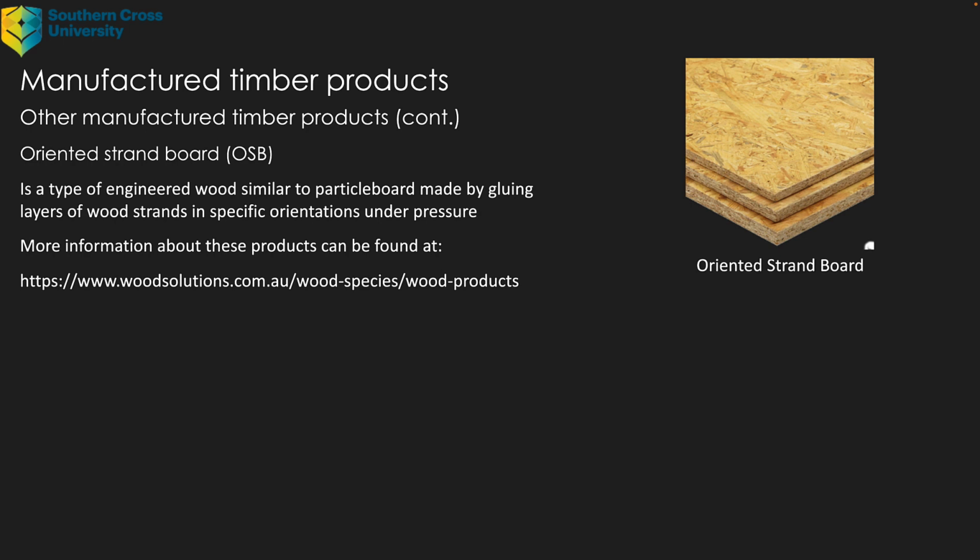It's a type of engineered wood similar to particle board, made by gluing layers of wood strands in specific orientations under pressure. More information about these products can be found at this website, Wood Solutions, an Australian website that is a very good source of information about timbers from the Australian context.